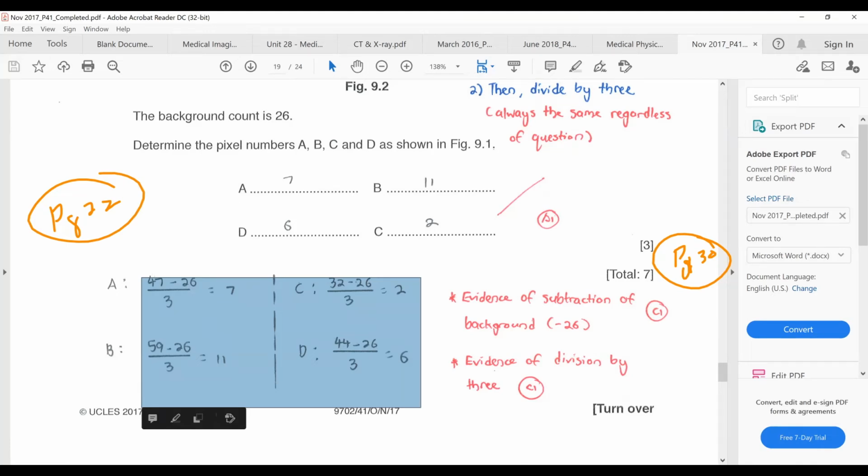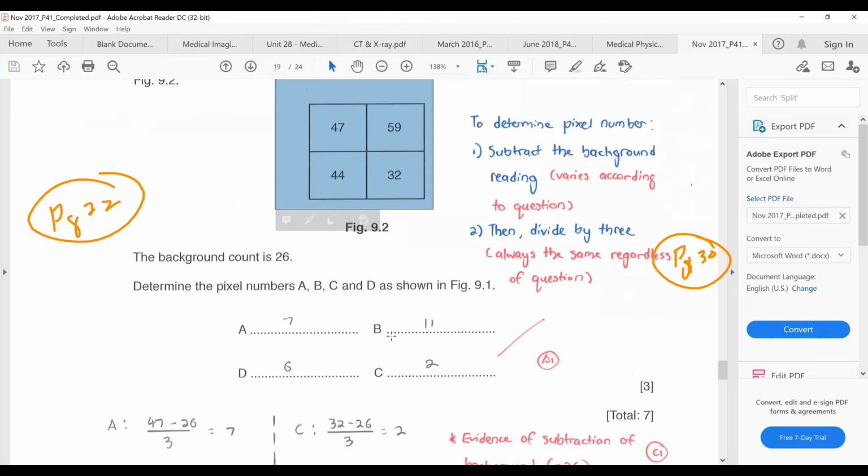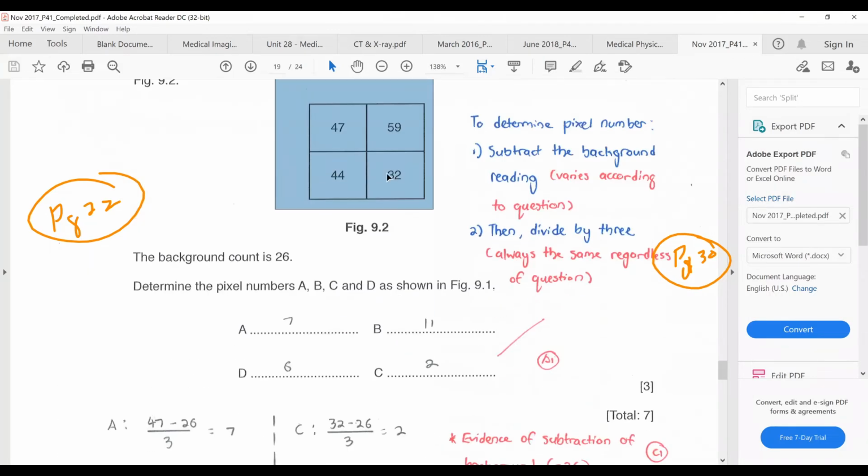Okay, then I would have to go to the other questions in the separate sheet that I gave to you just now. Okay, these kind of questions don't come out that often, all right? They come out a few times only over the years. But when it does come out, please make sure that you know how to do this.